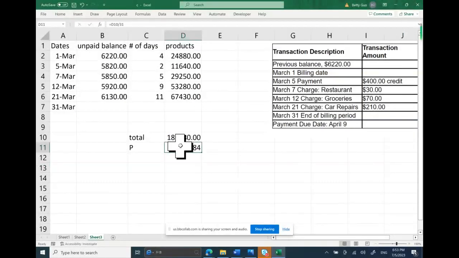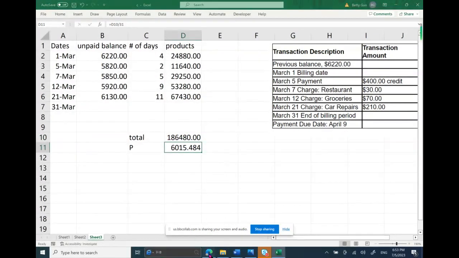Did I do anything wrong? D10. Wow, that's a lot of money. That makes sense, because on average it is that much money. So that's the sum D2 to D6, and that is D10 divided by 31.